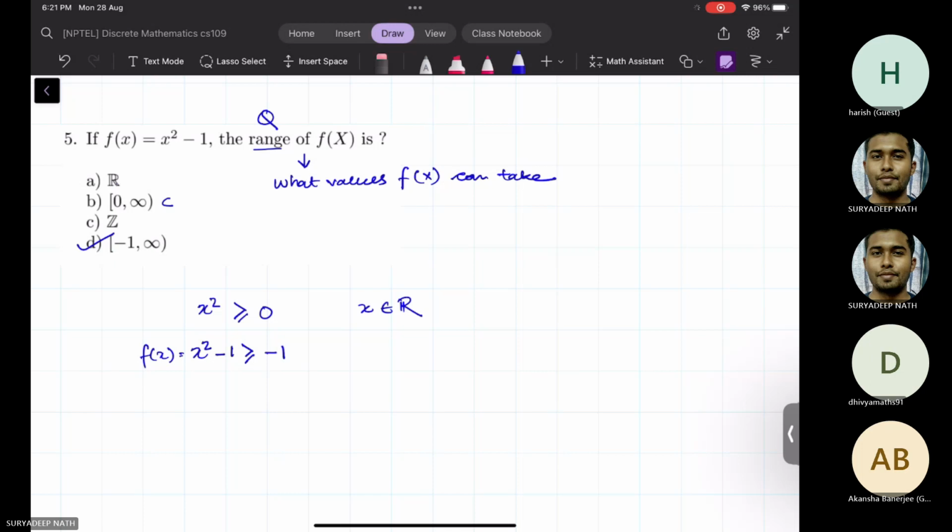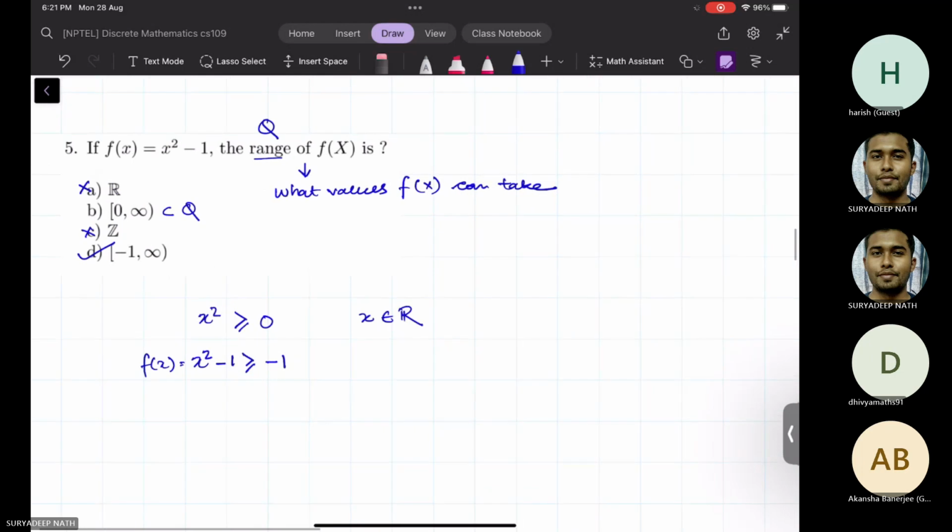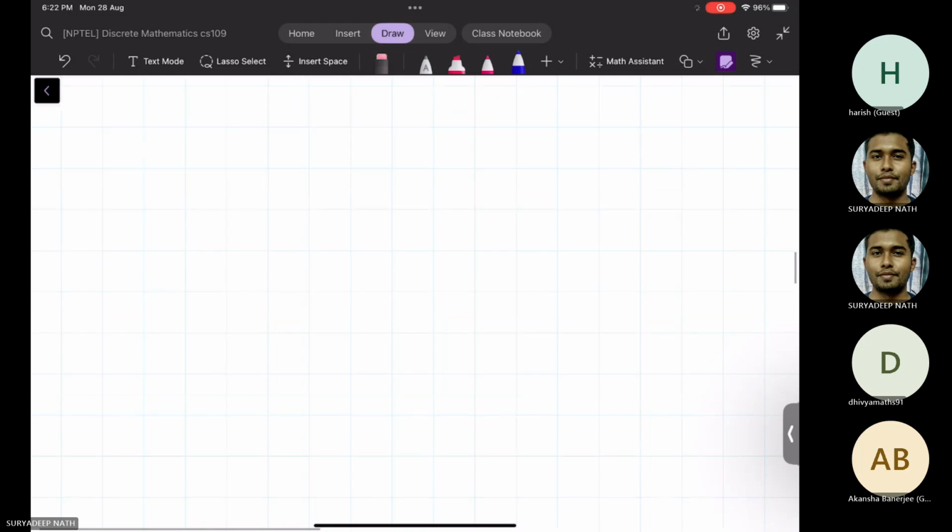So 0 to infinity is a proper subset of Q. It does not capture the entire range properly, as there can be numbers from -1 to 0 as well. Therefore, option B is only partially correct. Option D is the right answer, and C and A cannot be correct because they contain numbers which are less than -1 as well. I hope that is clear. Let us move on to the next question.